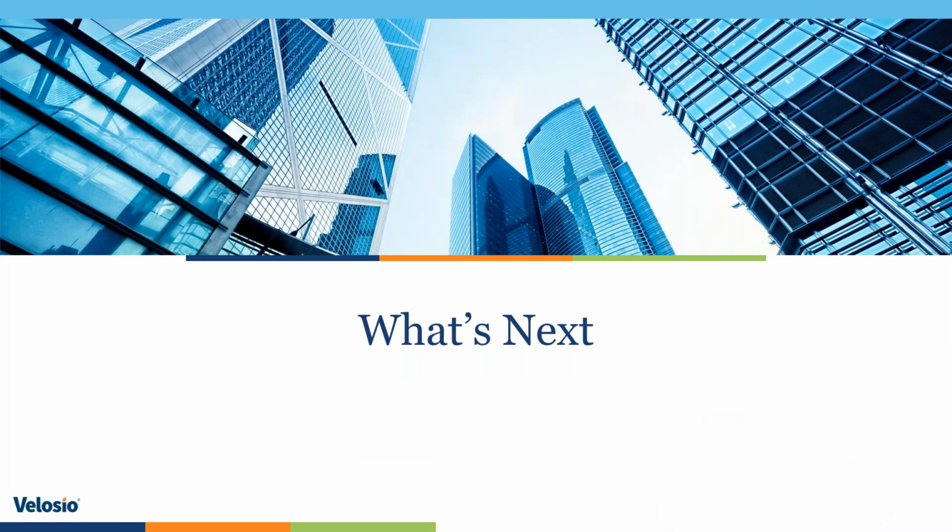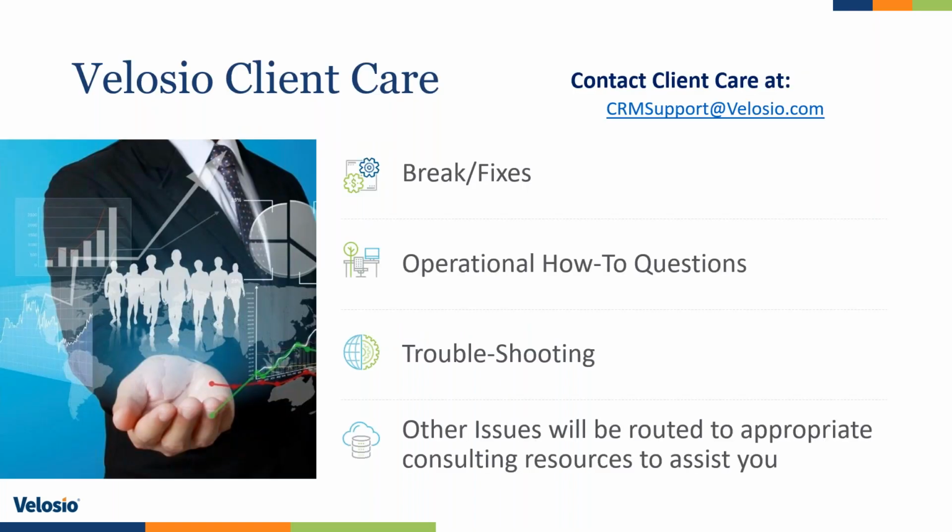I wanted to hit on a couple things of what's next and just give you guys an update. If you have questions about licensing or anything like Erica said, we can definitely go back to that at the end. But first and foremost, I just wanted to make sure that you guys have information about the way to open a client care ticket. We have a new client care email and ticketing system. A lot of you already reach out to Bridget directly or even myself directly or your client success manager. But this is an option to make sure you're covered if your client success manager is traveling or Bridget's sick that day.